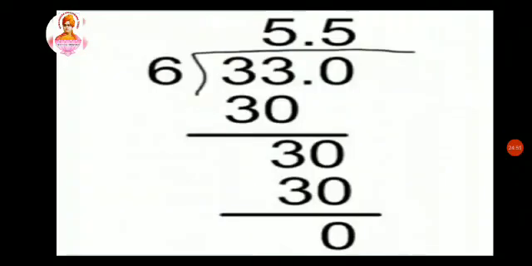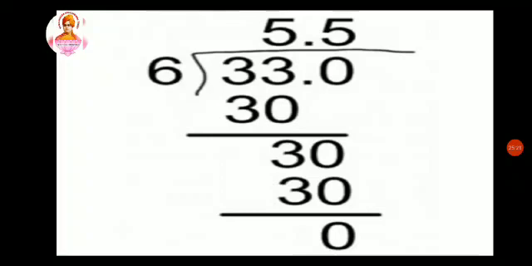How can we divide a decimal number by a single digit number? Here I have a question, 33.0. I am going to divide this number by 6. You do the normal division, but when you meet a decimal point in the question, then you should put a decimal point in your quotient also.